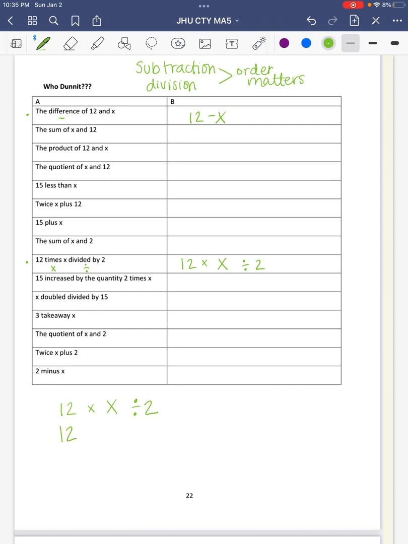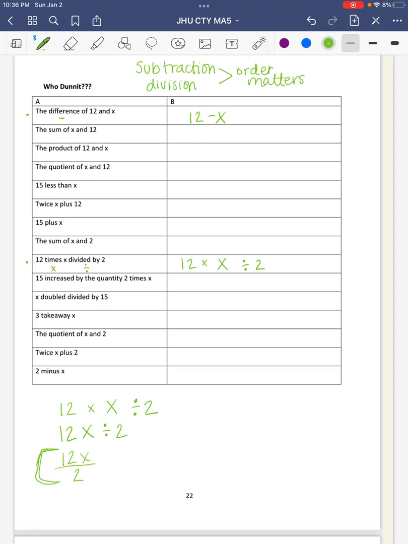I can also write 12 times x is the same as 12x, or 12x divided by 2. But a division sign is really just a fraction bar with 2 dots around it. So I can also write this problem as 12x over 2, which is what you saw beside Mr. Potato Head. So there are lots of ways to write math problems.